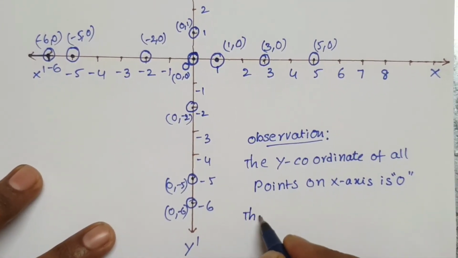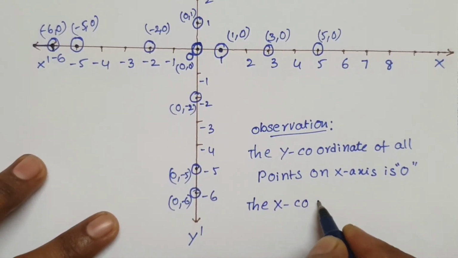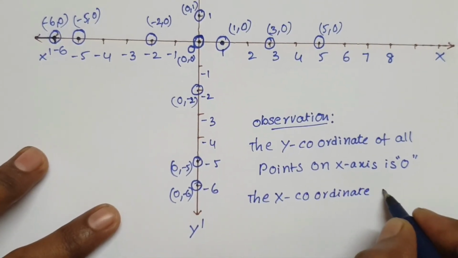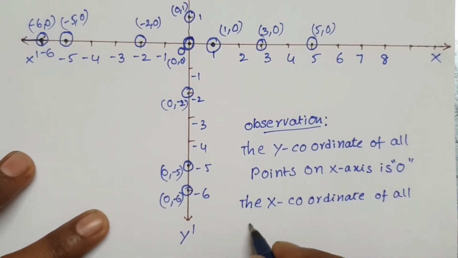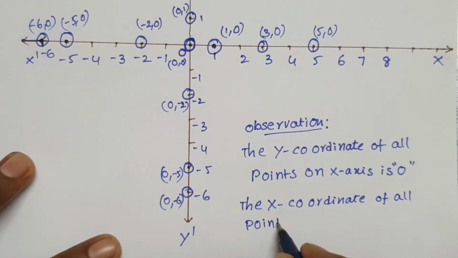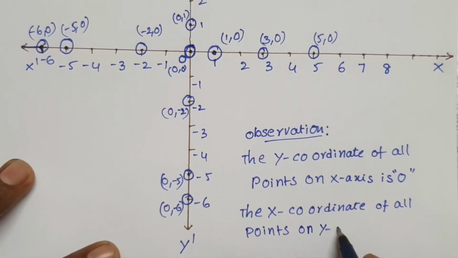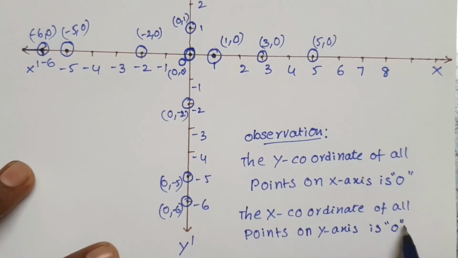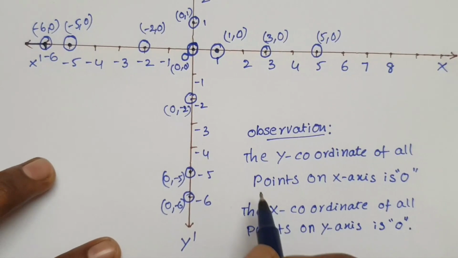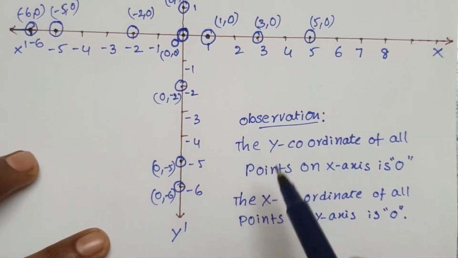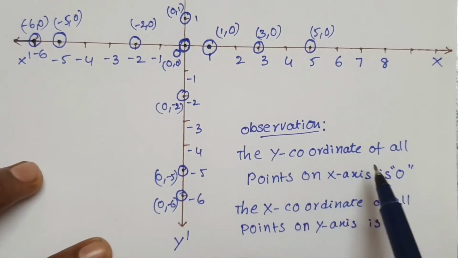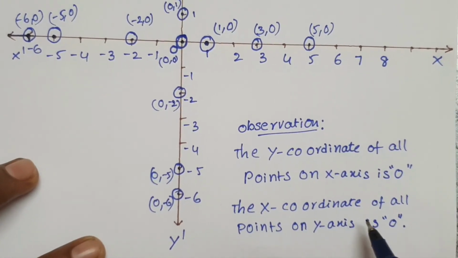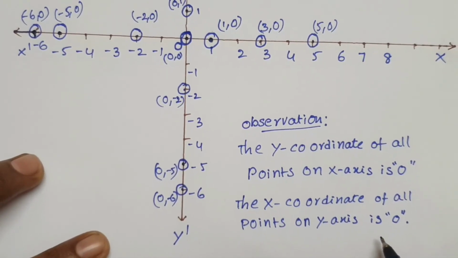Next, the x coordinate of all points on the y-axis is 0. So what you observe, they are asking finally. The y coordinate of all points on the x-axis is 0. The x coordinate of all points on the y-axis is 0.